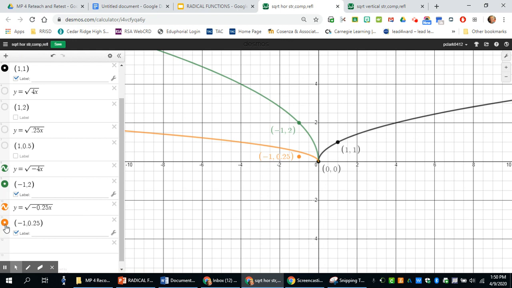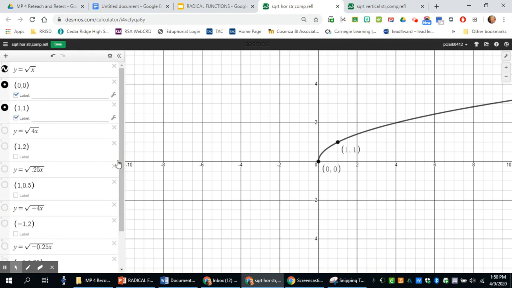All right, now it's not all that important for you to understand how these look. It is very important that you understand the effect and can describe it using words when you see those kinds of transformations done to a function.